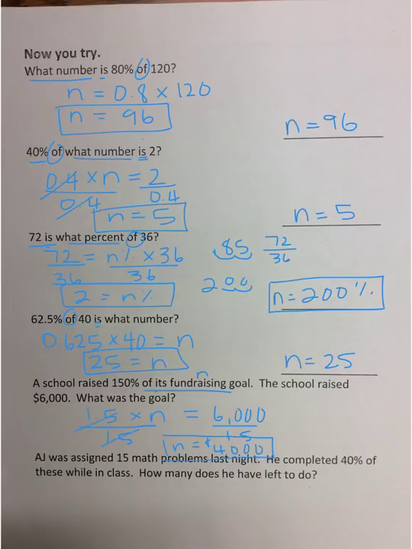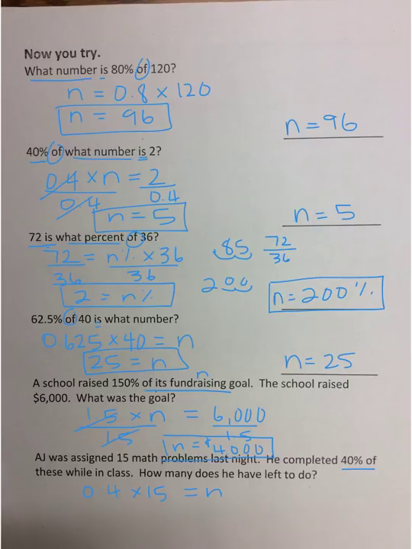AJ was assigned 15 math problems last night. He completed 40% of these while in class. So 40% is 0.4 of 15 equals N. We don't know how many that is.